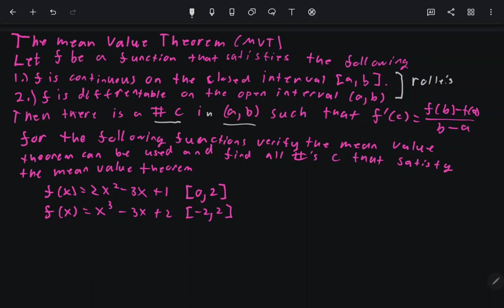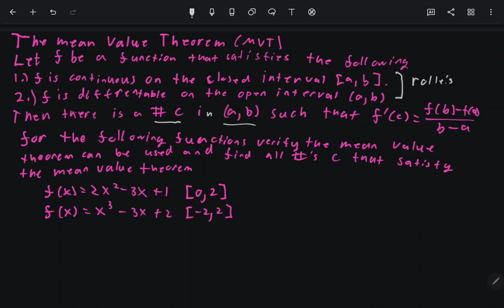So for the following functions, verify the mean value theorem can be used and find all numbers c that satisfy the mean value theorem. Well, before I do that, I actually just want to do a bit more explanation.